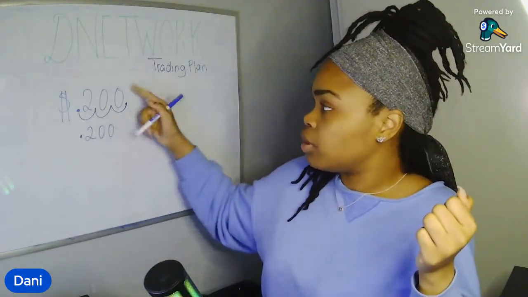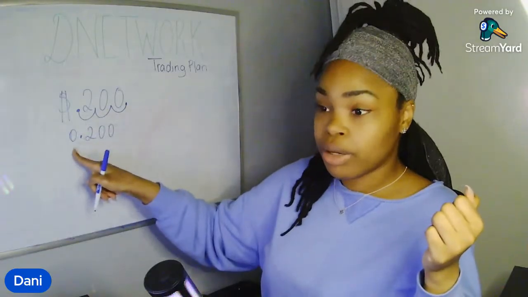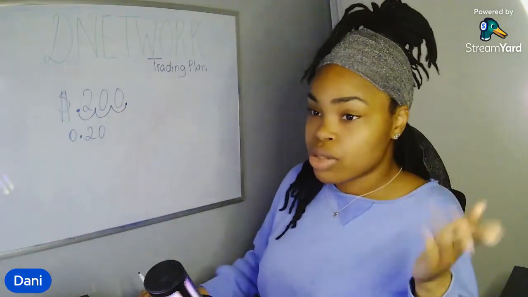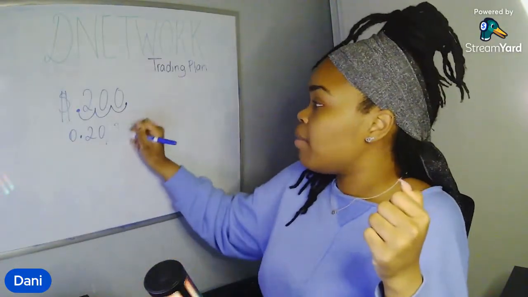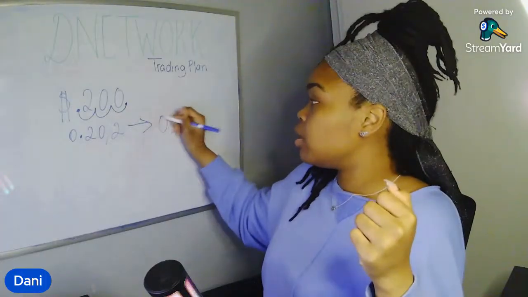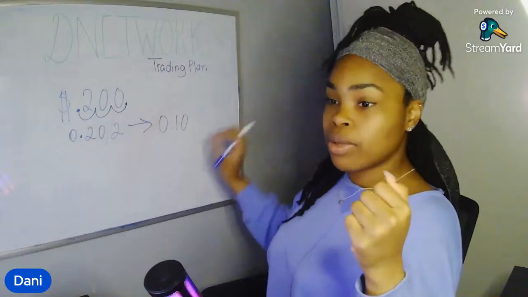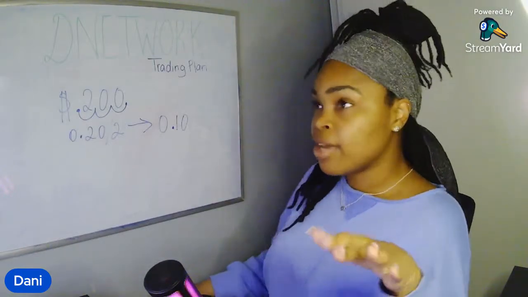You're always going to add your 0 to the beginning so you don't get confused. And you're going to take off the 0 because there's no such thing as a 0.200. You're going to divide that by 2. That's going to be a 0.10. You don't exceed that.